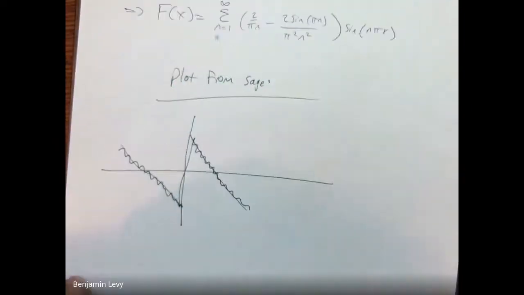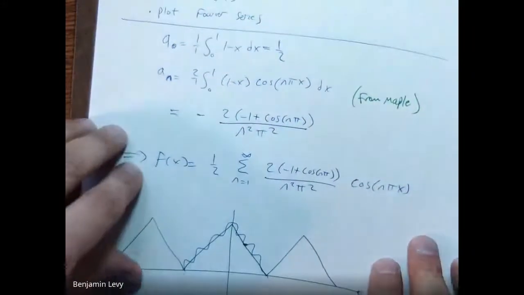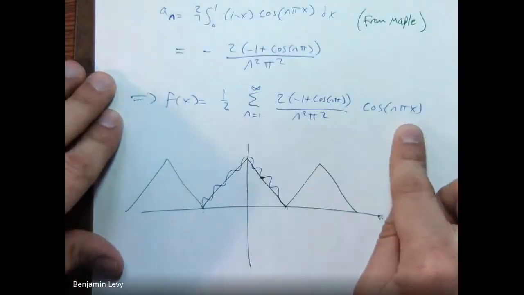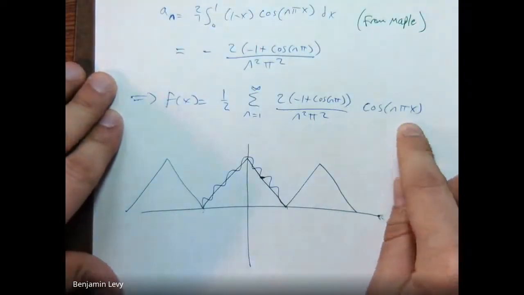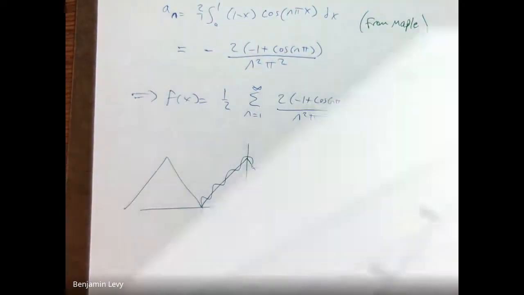I just did a hand-drawn plot of that. And when you do the other one, you only get the cosine terms. This is what you end up getting by hand, and then you end up approximating it kind of like that. I'm just going to scan these things. I've also got some printouts from Maple that I will also scan.